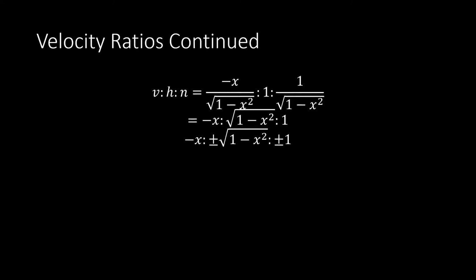And logically we must go with plus, because it's obvious that when something is on the right of the unit circle with a positive x coordinate, it's moving up. So therefore the vertical speed is x, not negative x.